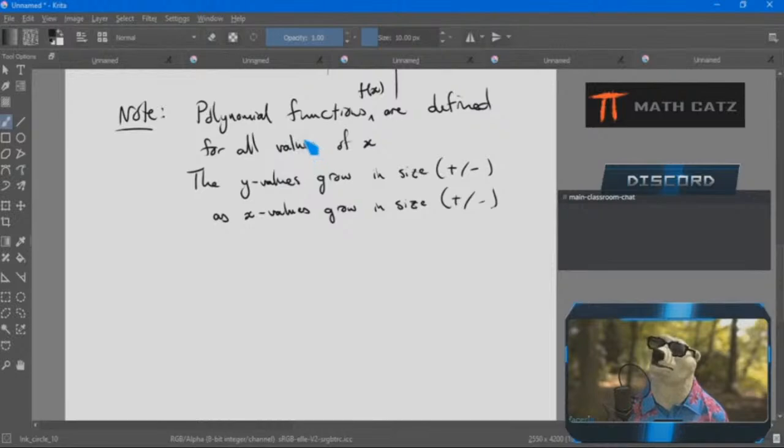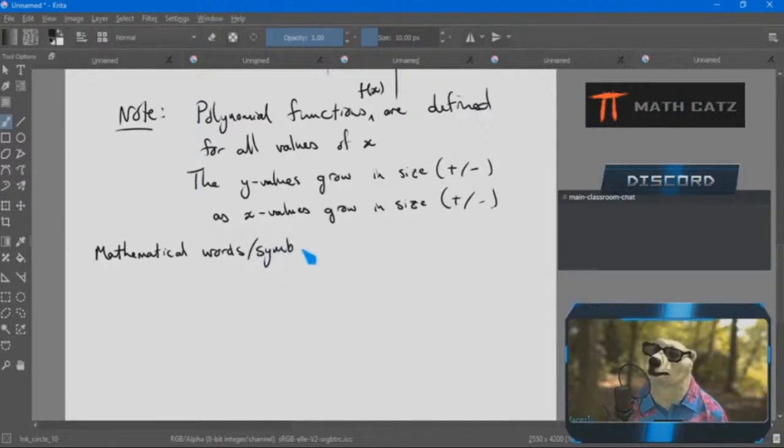Okay, so it's a feature, a main property of the polynomial that it goes on forever. So now we need to get the words within this mathematical language clear. Mathematical words to describe this growing of the x and y values.